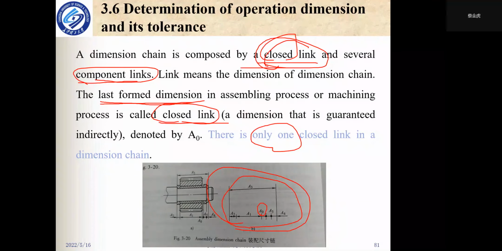So in this figure, A0 is the closed link, and all the other dimensions, A1, A2, A3, A4, A5, have an effect on the closed link A0, which means A1, A2, A3, A4, A5 are the component links. The component links A1, A2, A3, A4, A5 can be obtained directly.